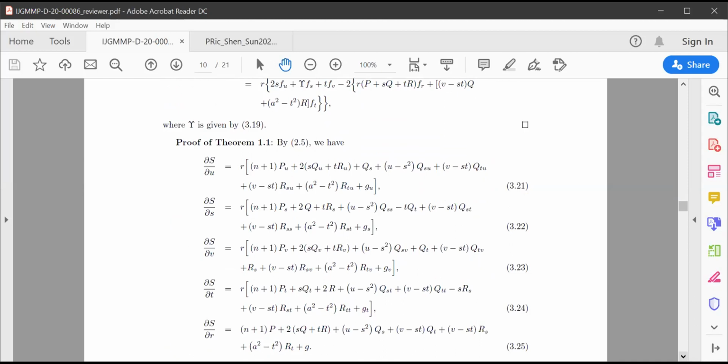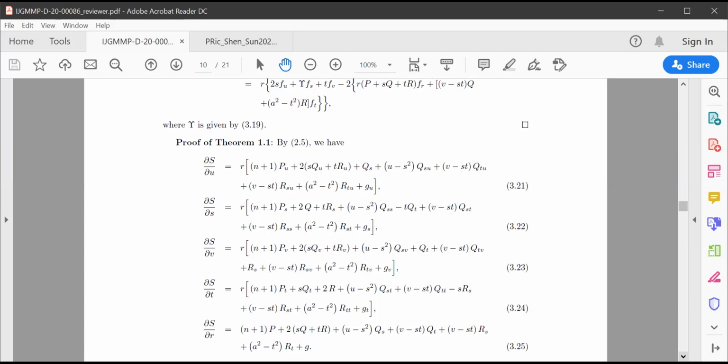Now you can prove Theorem 1.1. To prove Theorem 1.1, you have to compute the S-curvature dot, the derivative of the S-curvature. In the future, if you want to study weighted Ricci curvature, it involves S dot and S squared, right?